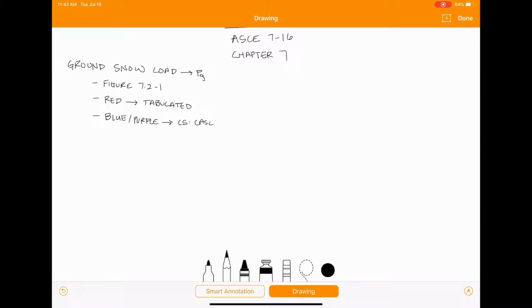That's usually for mountainous regions where the elevation changes rapidly, so they can't fit all the numbers into this little map, and a case study has been done in that section. So you just need to check with that jurisdiction and they'll be able to give you the snow loads for those areas.